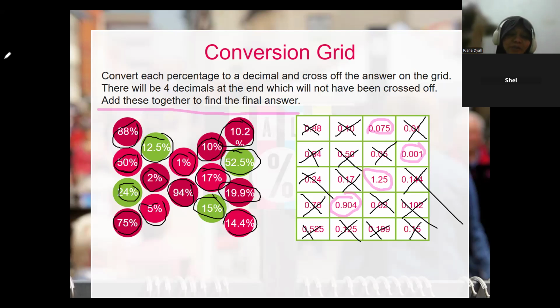Now your job is to add 0.075 plus 0.001 plus 1.25 plus 0.904. All right. Can you try to calculate and add the decimal numbers?